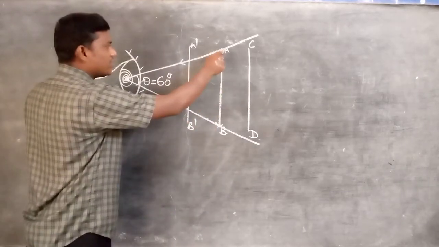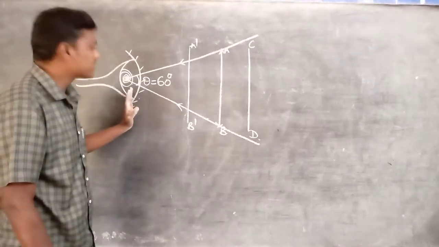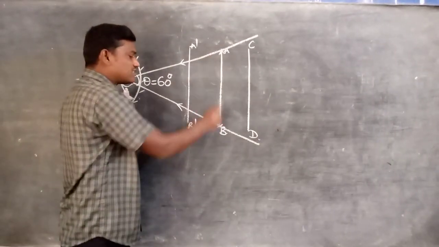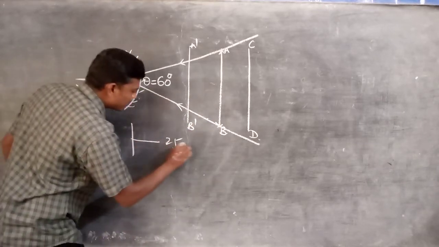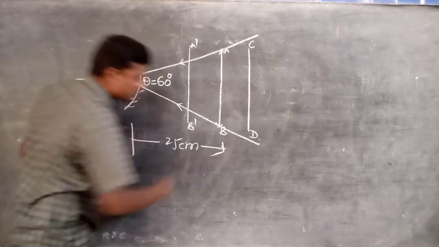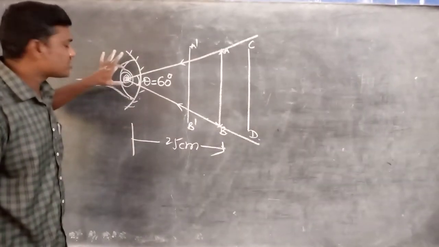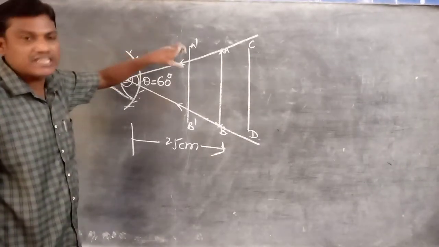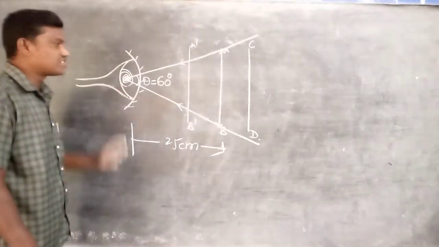AB is the least distance of a person, from the eye to the position of AB. AB is the position of the stick. This distance is 25 centimeters. At that time, the person without changing his eye was able to see both extremes at a time.